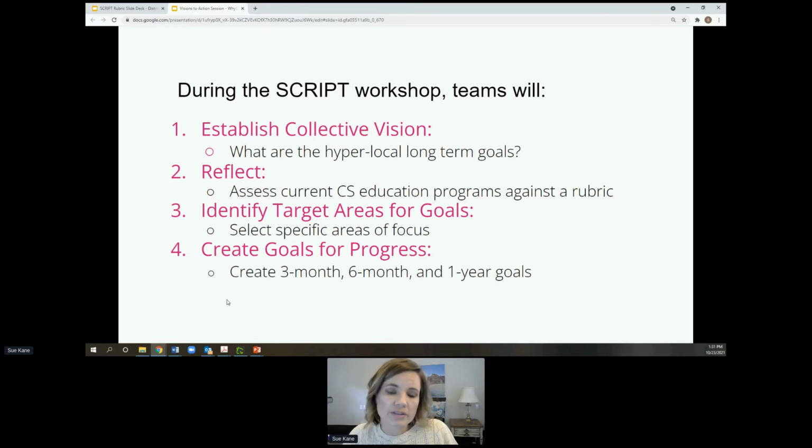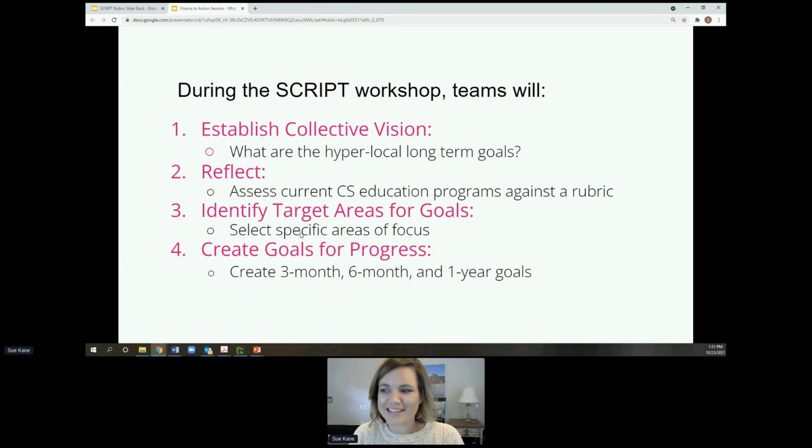We got to go out for a reason. We're looking at a shorter runway of some achievable milestones that are within 3 months. So if you attended the December SCRIPT workshop, you're talking by spring break, these are the steps we want to have in place to empower this. And then by the end of the school year. And so really kind of setting those short-term goals.